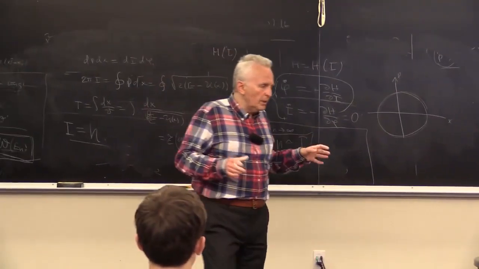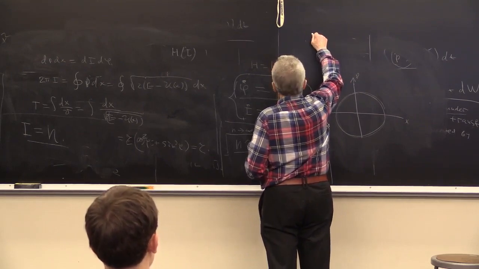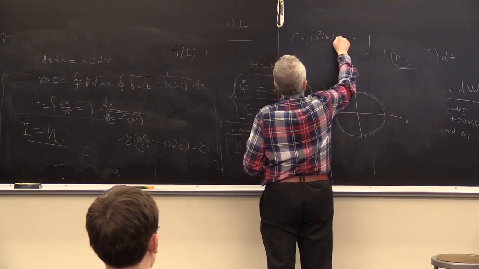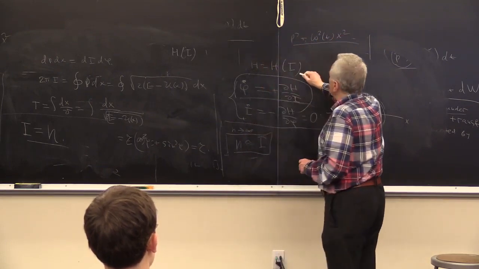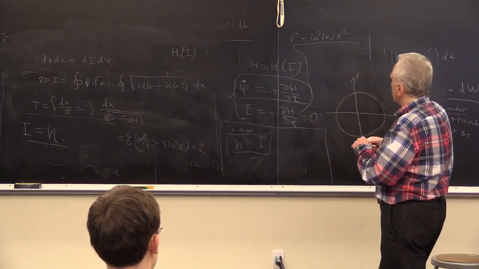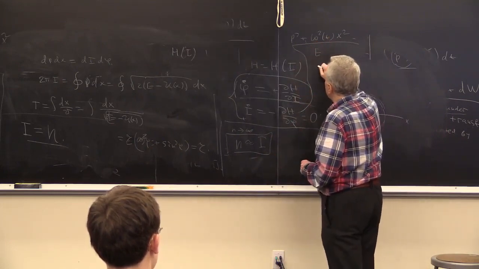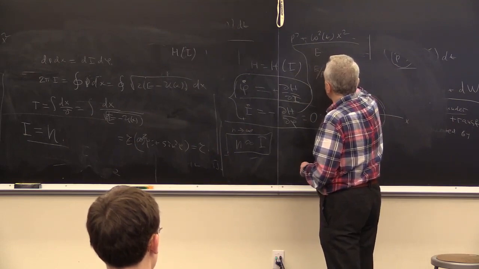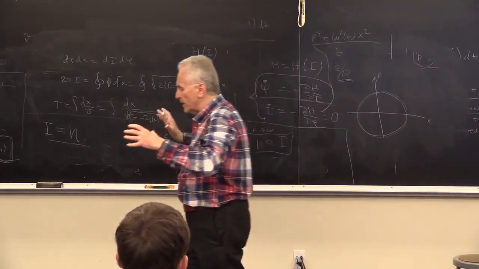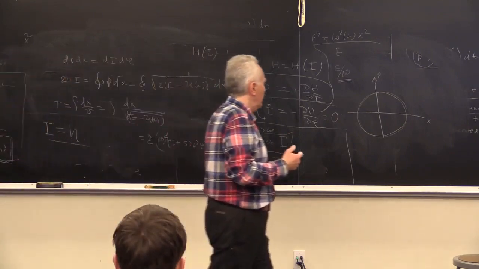But there are quantities, for example, if you have a harmonic oscillator with time-dependent frequency, energy changes if you change frequency, but the ratio E to omega doesn't change. So there are quantities which are especially stable under adiabatic changes of the situation.